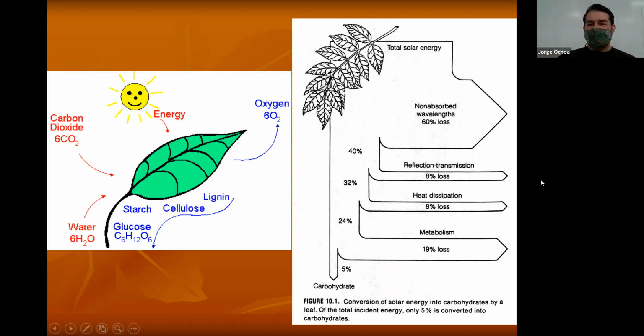So then we just have a nice breakdown of the general amount of light that is lost or not really being used by the plant.